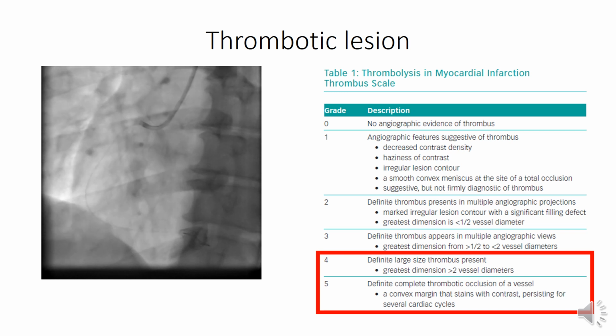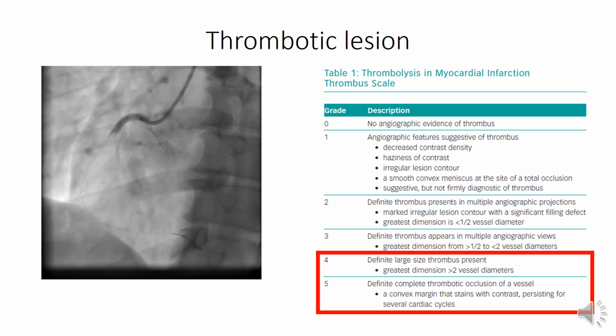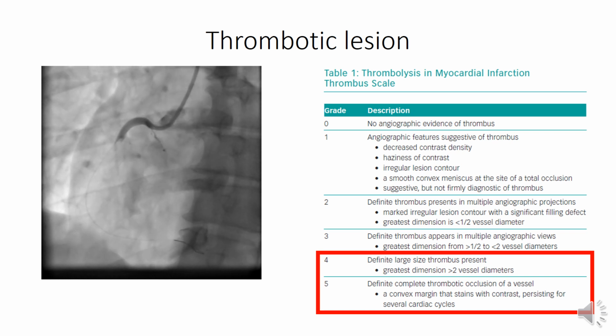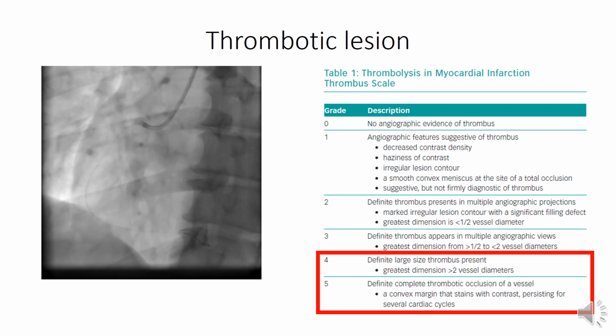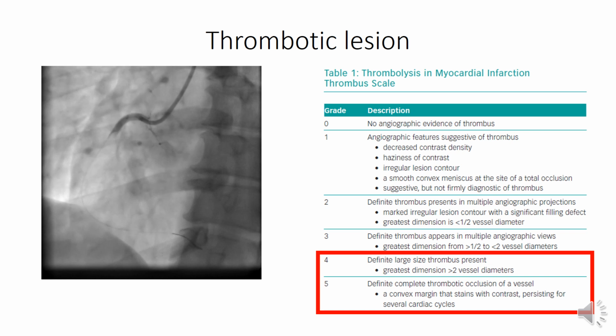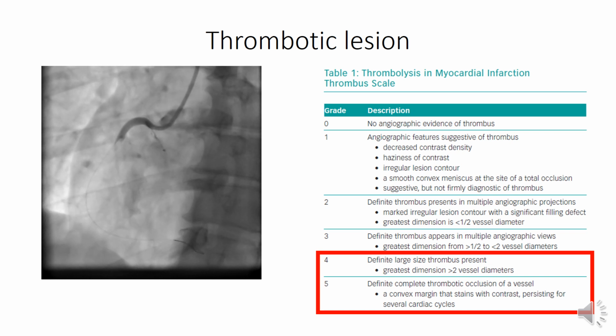In these grades 4 and 5, called heavy thrombus burden, we have room for certain treatment like glycoprotein 2b/3a inhibitors or thrombus aspiration, which shows benefit in this grade of thrombus only, not in low grade thrombus.